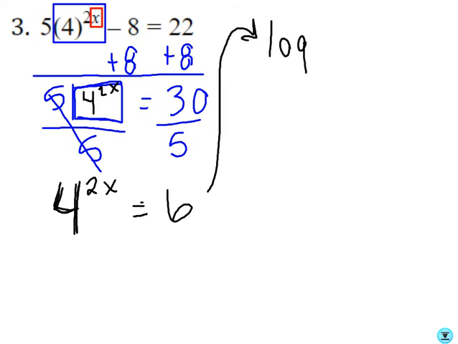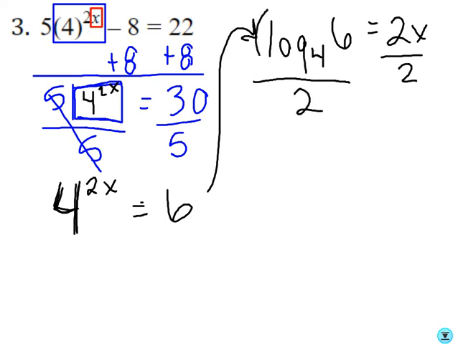So log base 4 of 6 is equal to 2x. That gets my power out of the power. And now we can simply divide by 2. But remember, we're dividing this whole thing by 2. We're not going to simplify anything. Nothing reduces. We can't do logs that way.